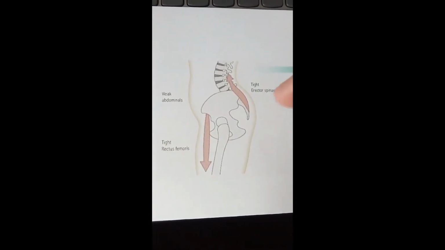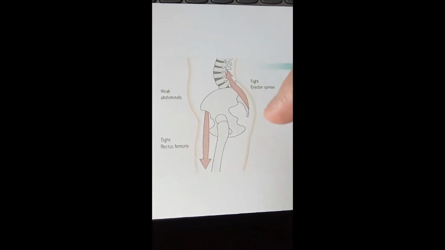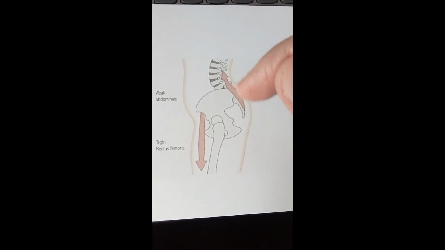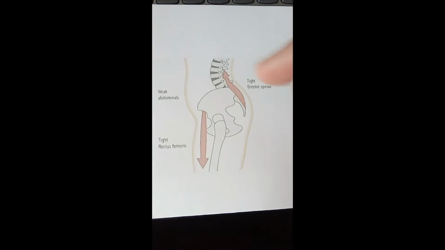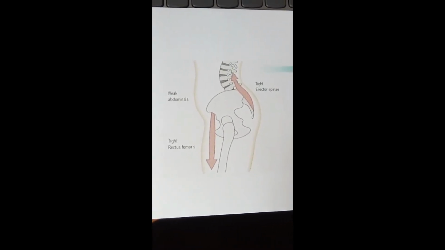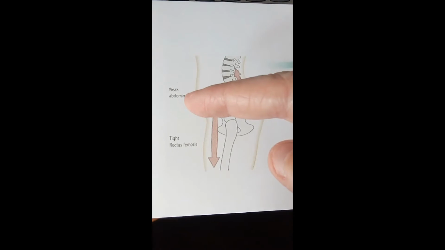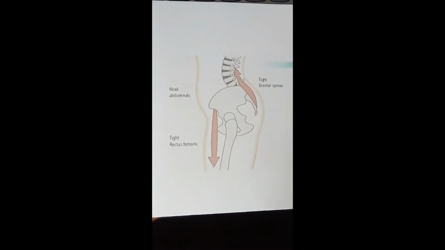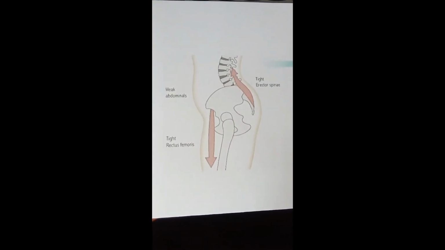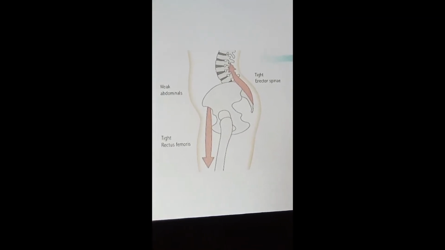And in the process, what can also happen, if it's not already been a problem in the beginning, is that if these spinal muscles are tight and shortened, and they stay that way for a prolonged period, then you end up with weak abdominal muscles, which just makes the problem worse.